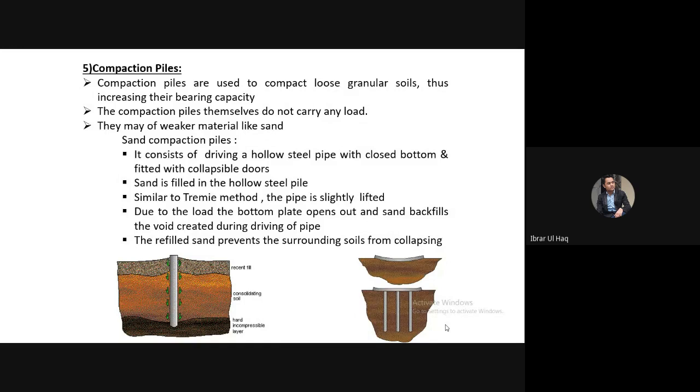We dig a hole, and then insert the sand, etc. One method is to insert a metal pipe fitted with a collapsible door. Sand is filled in the hollow steel pile, and then the pipe is slightly lifted due to load. The bottom flap opens out, and the sand backfills the voids created during drawing of the pipe. The refilled sand prevents the surrounding soil from collapsing.